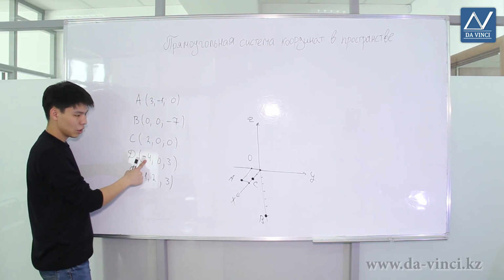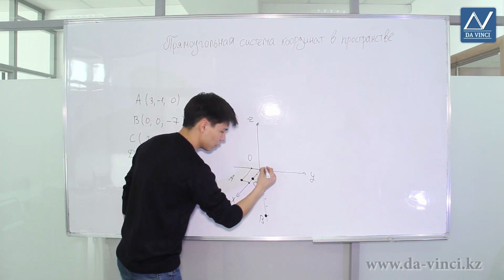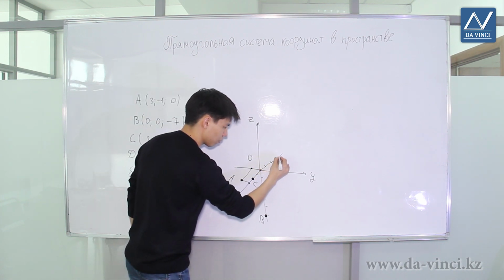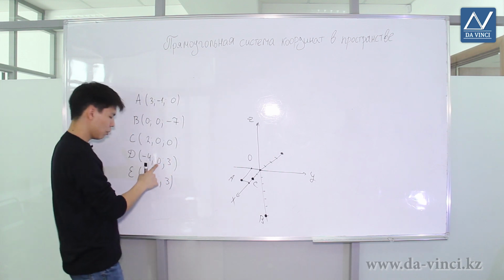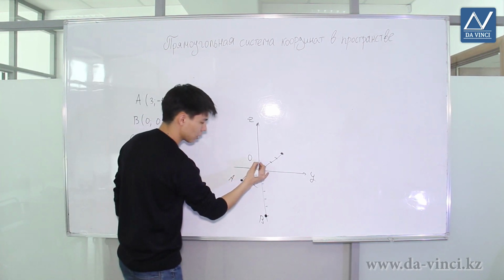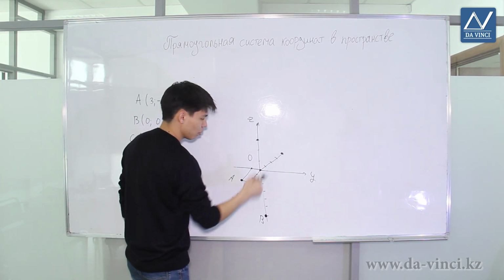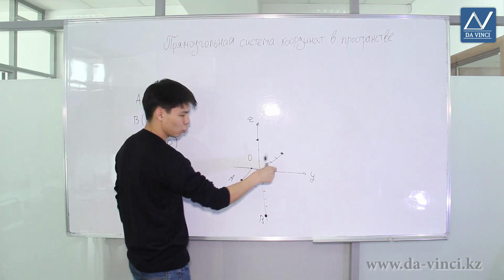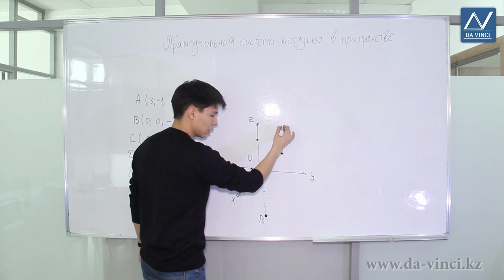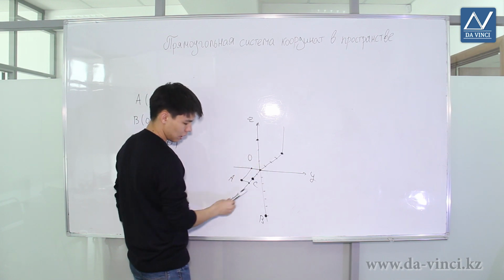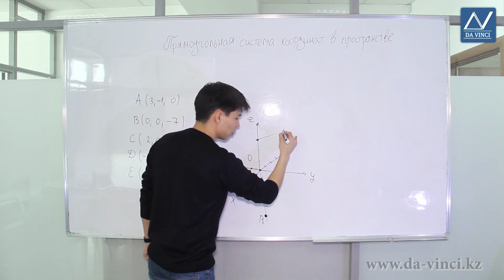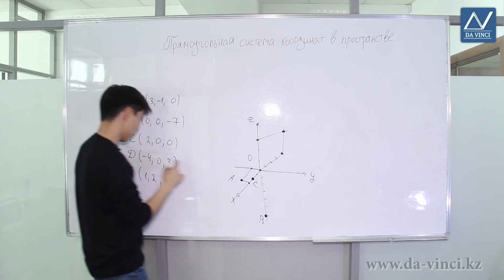We mark minus 4 on x in this plane, that is, in this direction, somewhere here, and 3 on z, up 3. We draw straight lines. Draw a straight line through this point, which is parallel to the z-axis. A straight line parallel to the x-axis through this point. Intersection is a point D.